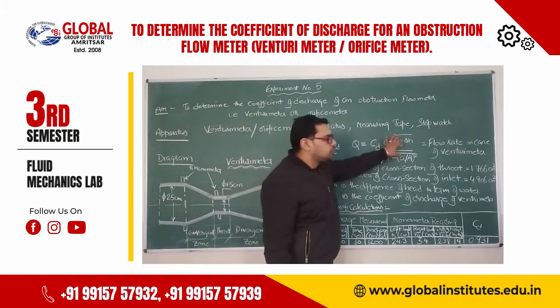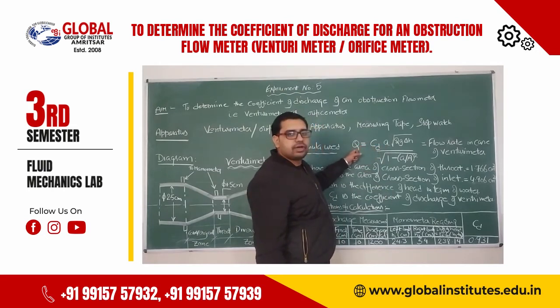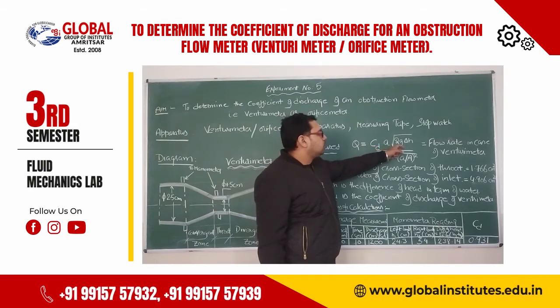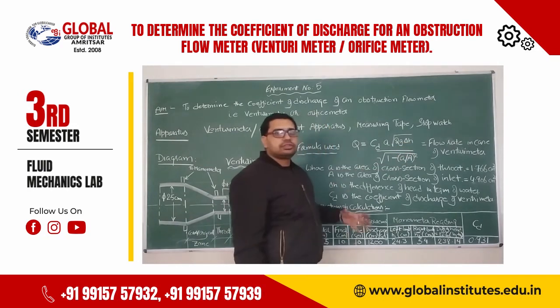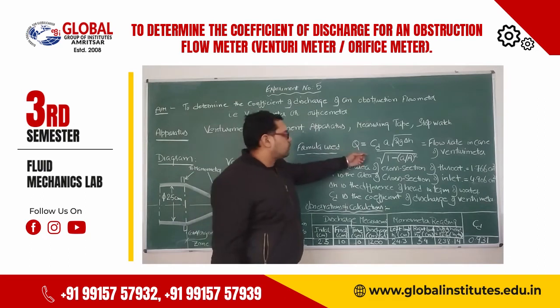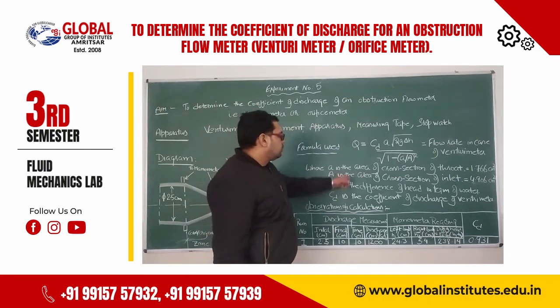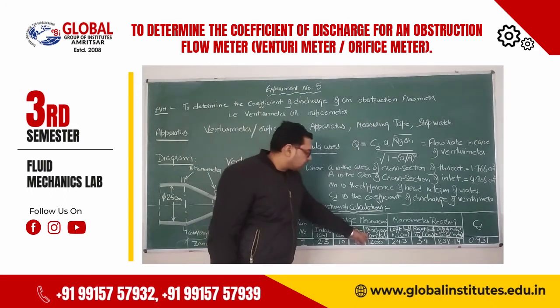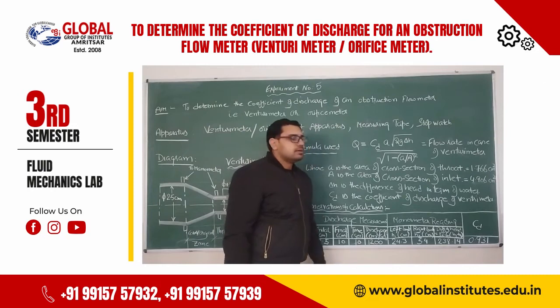To calculate CD, you need the values of Q, small a, g and delta H. If you substitute all these values in this formula, you can calculate your CD. Q comes out to be 1200 centimeter cube per second.